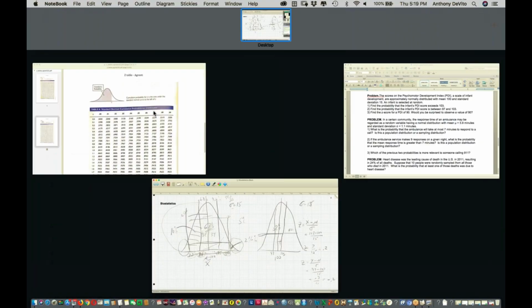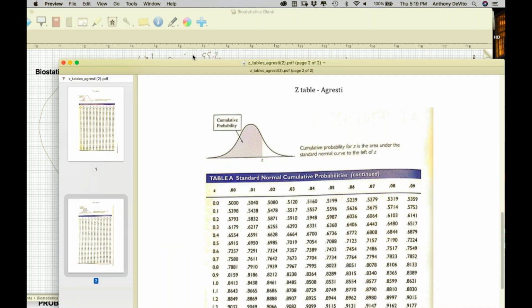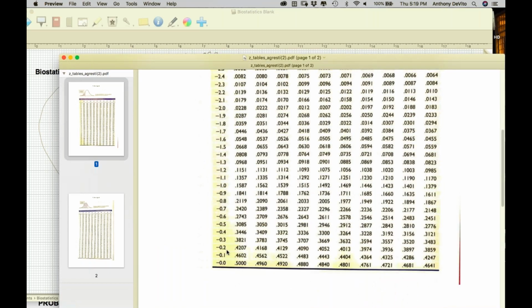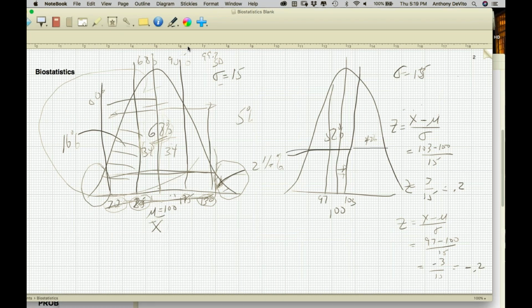Let's go to the table. And negative 0.20 is about 42%. 0.20, 42%. If it were 0.24, we'd be over here. But negative 0.20 is 42%. I'm going to go back here. So this area from here down is 42%. And we know that this area down was 58%.